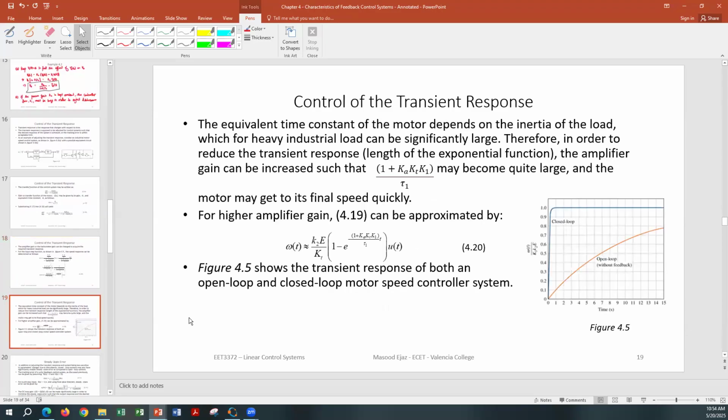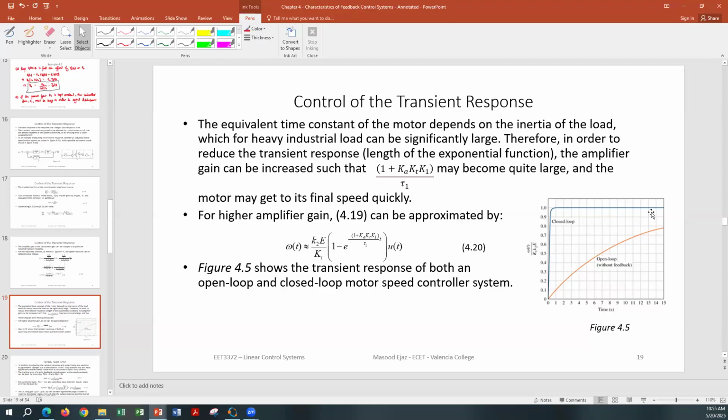And then we went ahead and plotted the response of the system, the closed loop response, and the open loop response. And we observed that it can reach its final speed very quickly if we adjust the parameters such that the transient response becomes quite small.